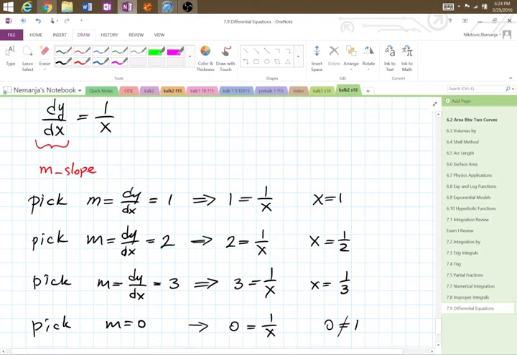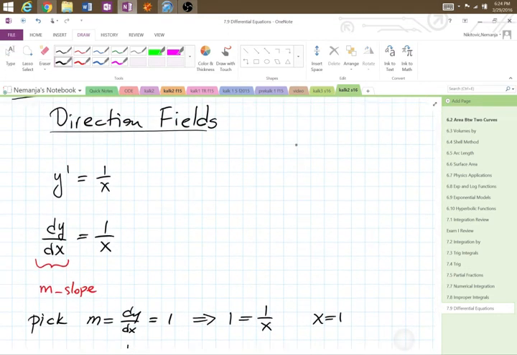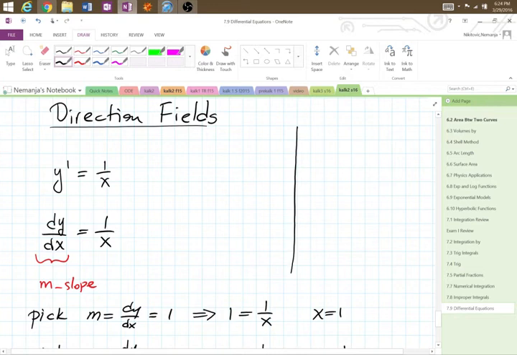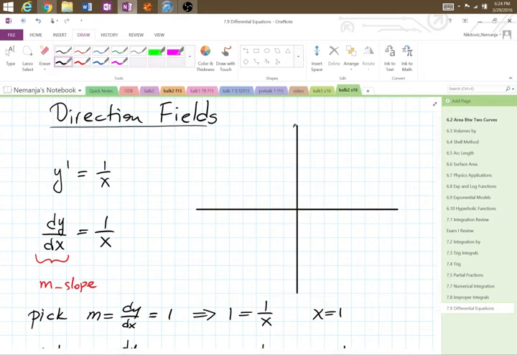Now, why do I say silly calculation? Well, we didn't use much of calculus, right? Now what I'm going to do, let me just use my awesome drawing skills over here. There we go. Look at that. All right.